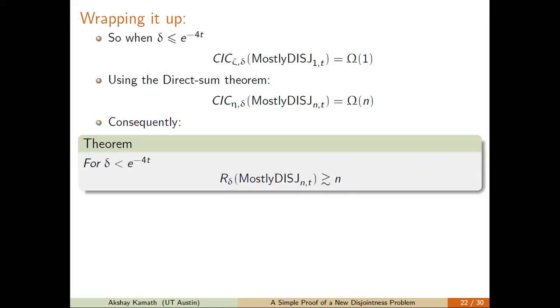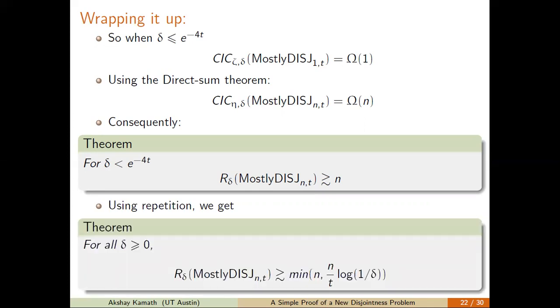And this implies a randomized communication complexity lower bound of n when delta is less than e to the negative 4t. Using the repetition method that we spoke about earlier, we can prove a randomized communication complexity lower bound for all delta greater than or equal to 0.